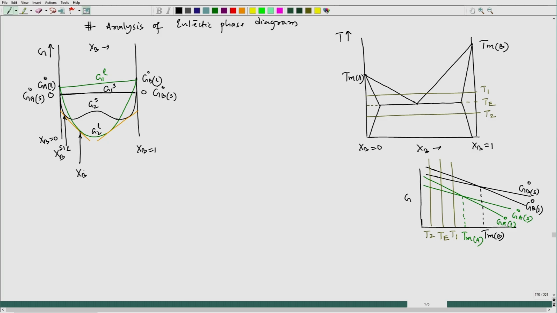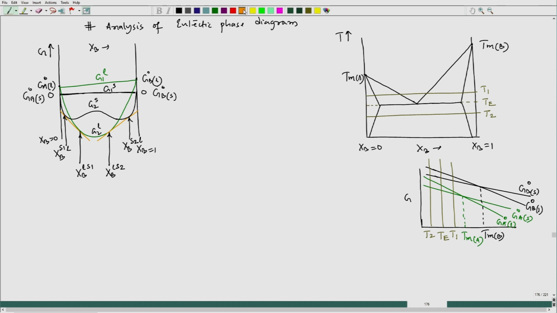This is XB of liquid in equilibrium with S1. This composition is XB of liquid in equilibrium with S2, and this one is XB of solid 2 in equilibrium with liquid. These four compositions.